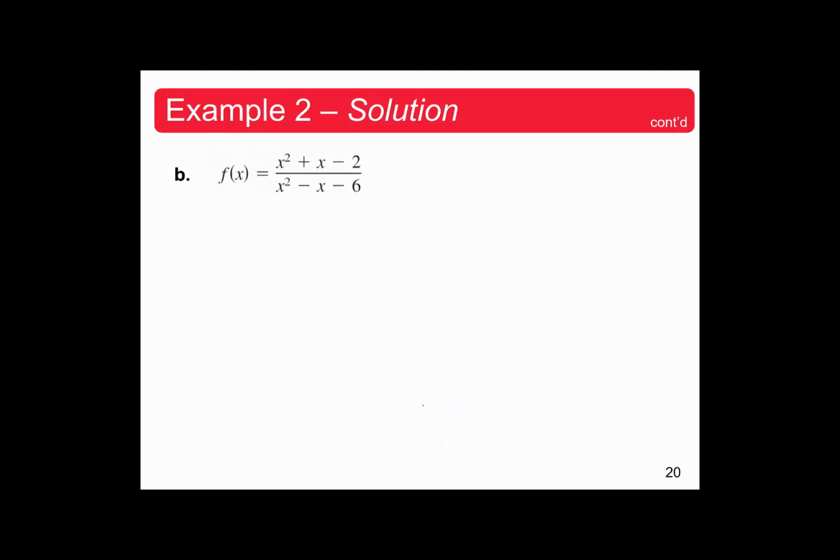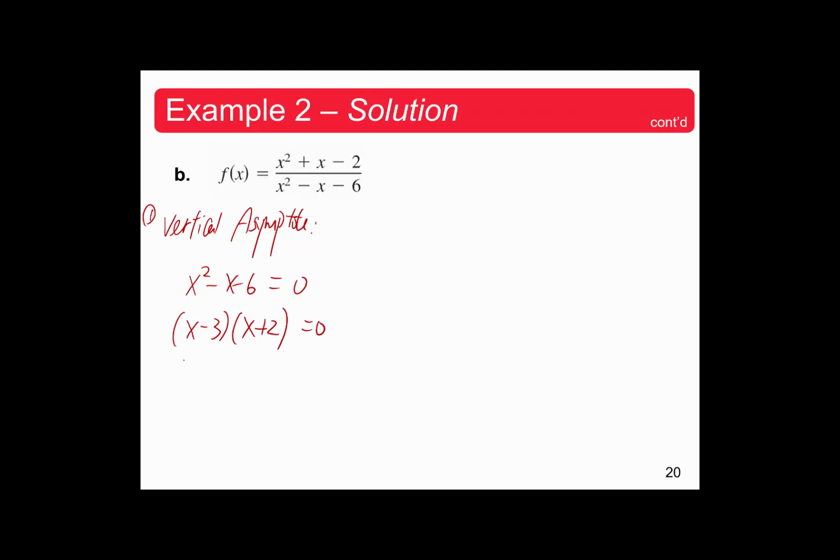And let's look at part B. Similarly, let's find the vertical asymptote. Very similar. We just set the denominator equal to 0 and solve for x. Right here is a factorable expression. So when you factor that, it's x minus 3, x plus 2 equal to 0.